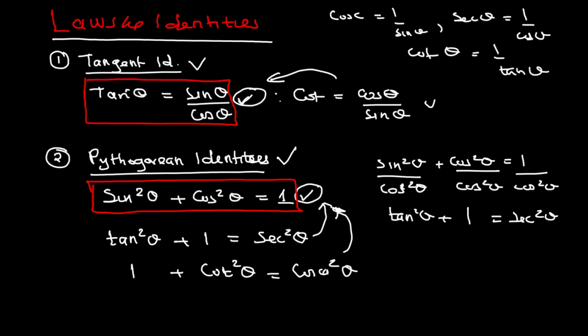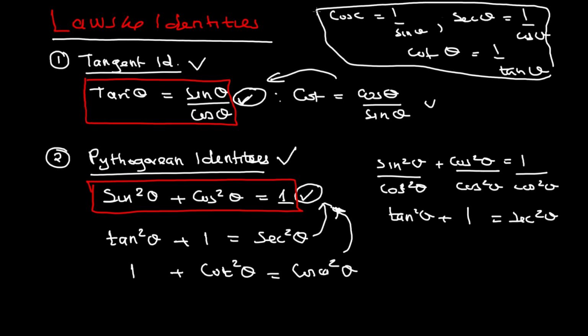So these are called reciprocal identities. Here you just have to know the relationships. The ones that you have to know, which form all the relationships we've looked at so far, are sine, cosine, and tangent.